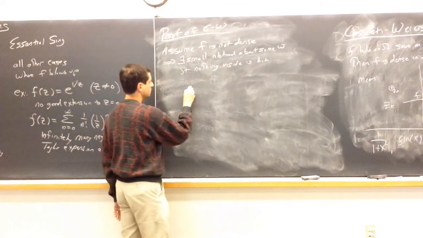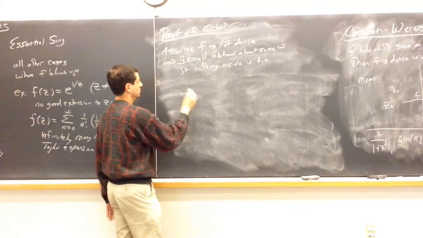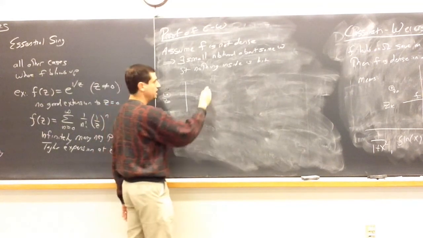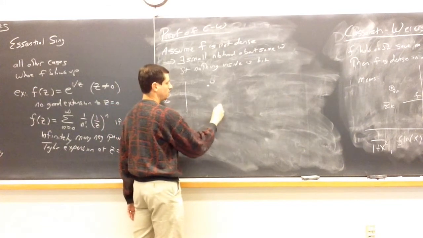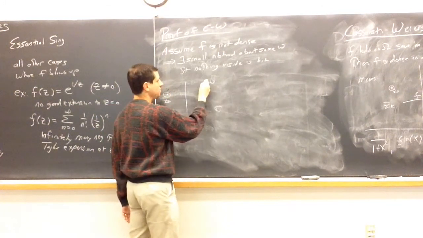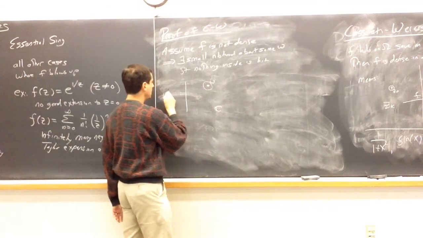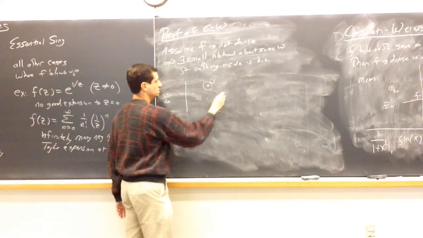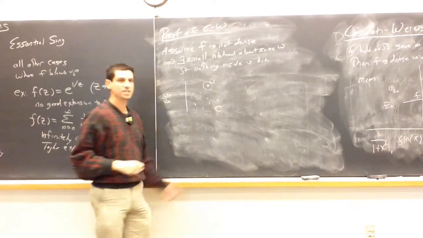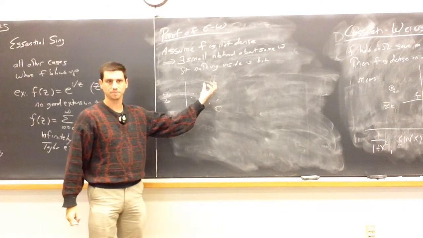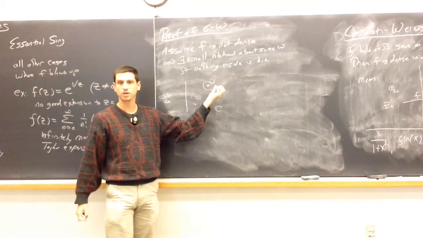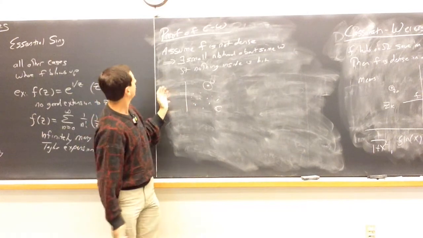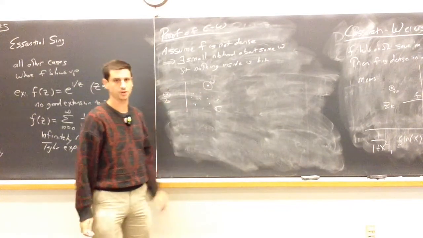So here's my point z0, here's my small neighborhood about z0, here's some point w in the complex plane, and here's some neighborhood about w. When I apply f to those points, I get a sequence of points that stay outside of this neighborhood. I don't get anything close to w. If I did, it would violate f being dense. So I can't get too close to this point.